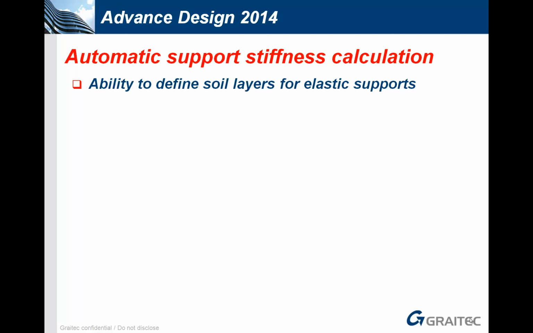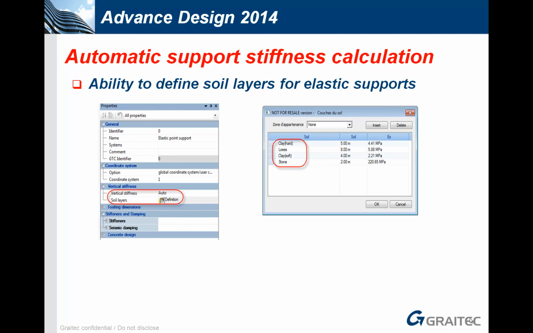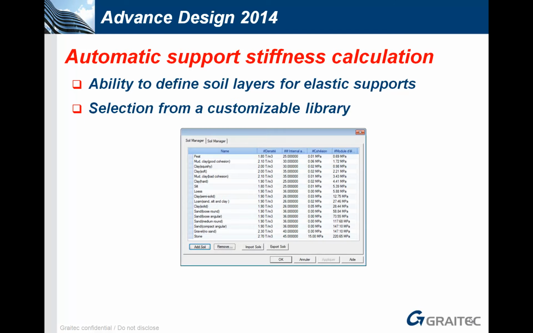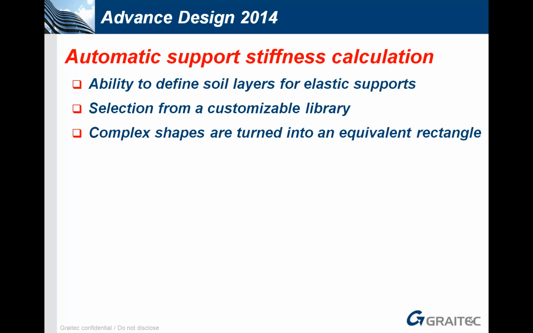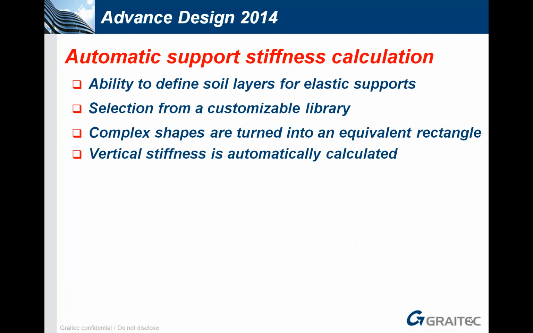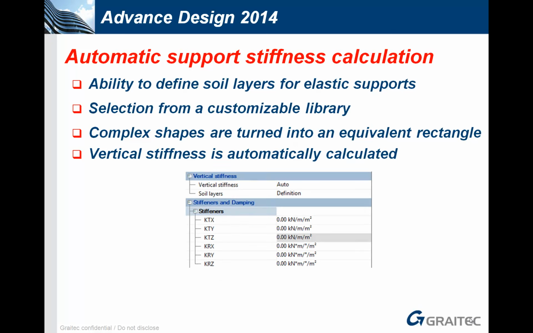So you just pick a soil type from a customizable library. In case you have a support with a very complex shape, it will be turned into an equivalent rectangle, and then your vertical stiffness will be automatically calculated.